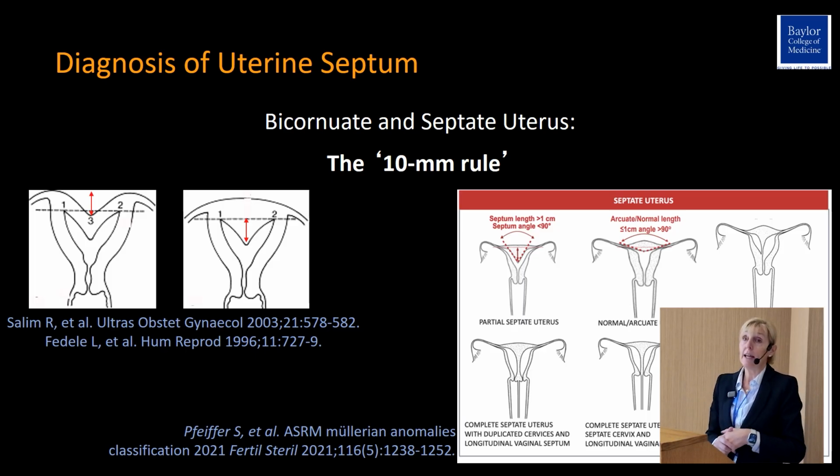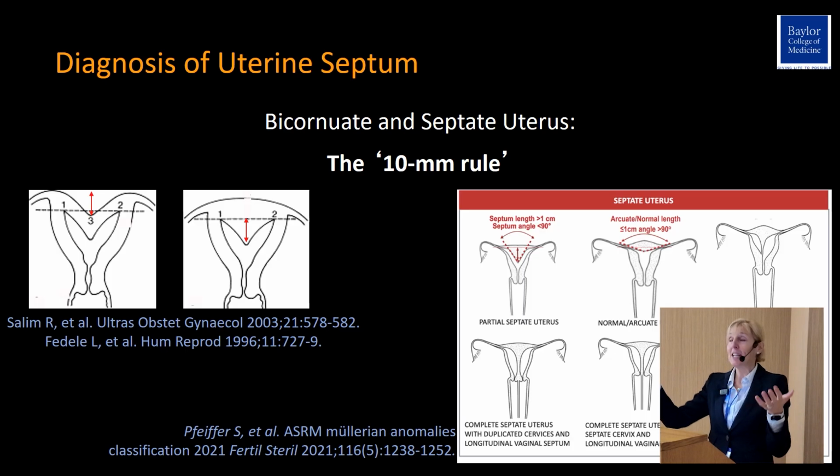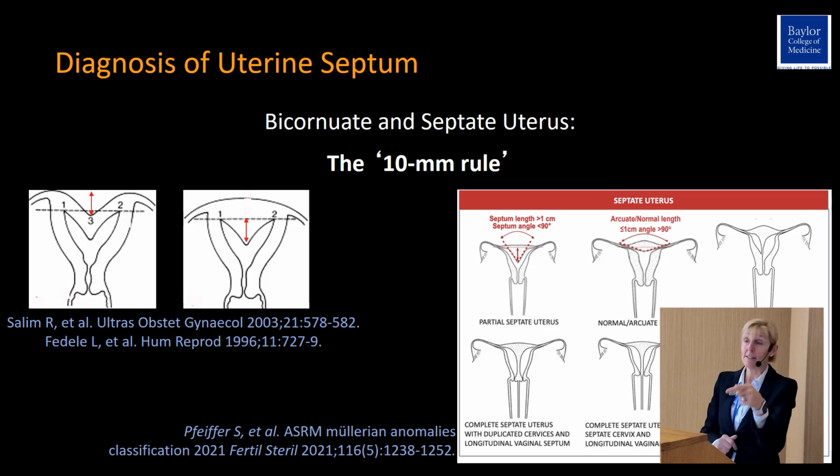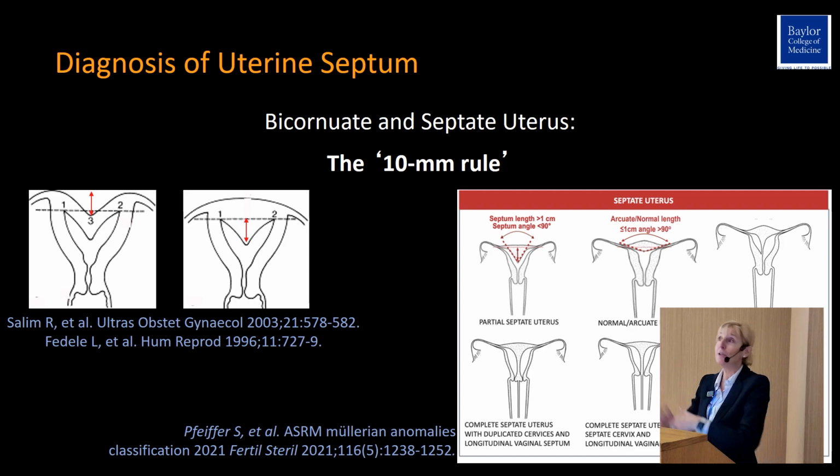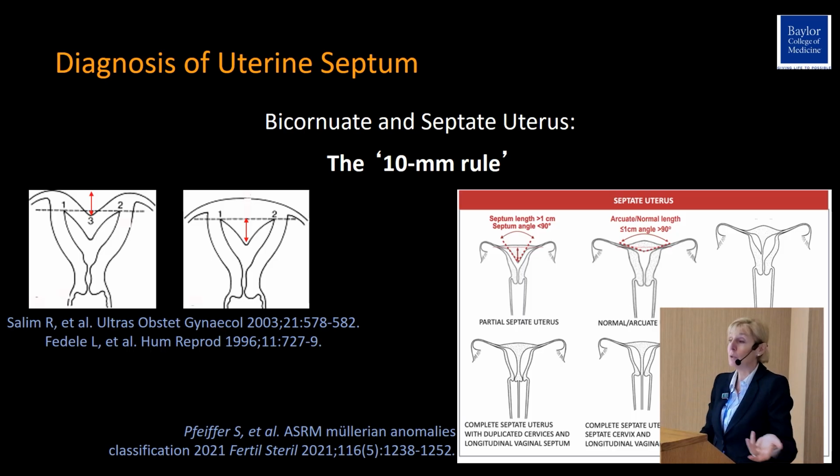The ASRM classification was saying that if you have a septum more than 15 millimeters, then you should incise it. But if it is 10 or less, it's considered an arcuate uterus, and so you don't incise it. Whatever is in between is a gray zone. If the patient has a history, then you're allowed to incise it, but if not, you really don't have to do anything, and you just leave it in there.